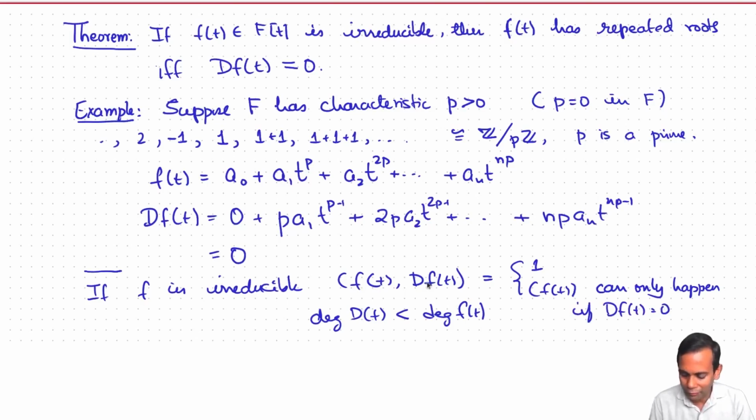The ideal generated by f(t) and 0 is the ideal generated by f(t). And so that proves the theorem that if a polynomial is irreducible, then it has repeated roots if and only if its derivative vanishes identically. And this is something which never happens in characteristic 0. So this is primarily of interest in positive characteristic. And this is where we are going to go next. We're going to construct finite fields, which are all fields of positive characteristic.